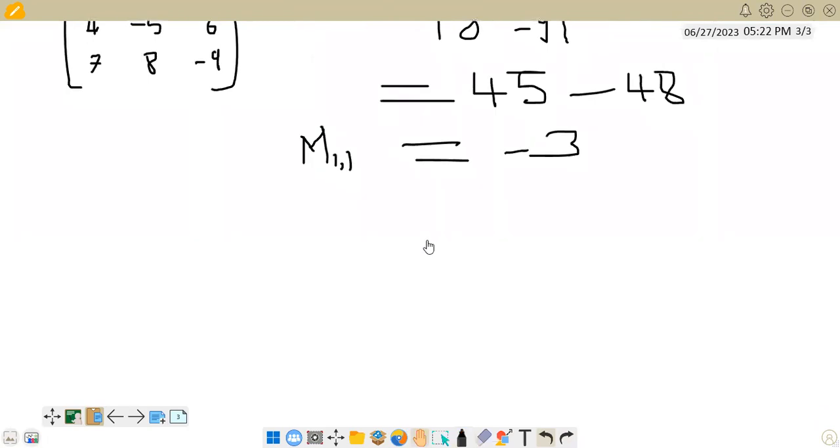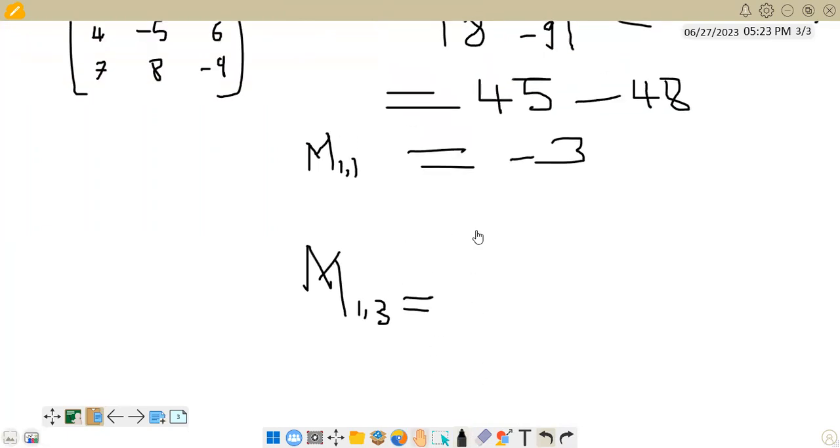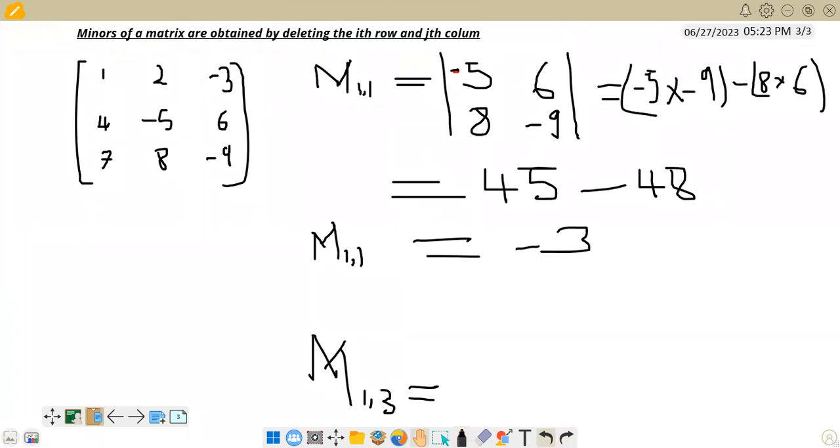Okay, so let us look at another example. For example, we've been asked to find the minor for row 1, column 3.